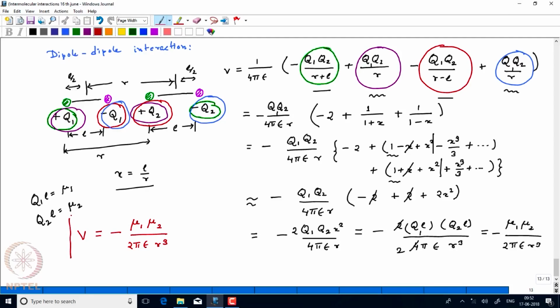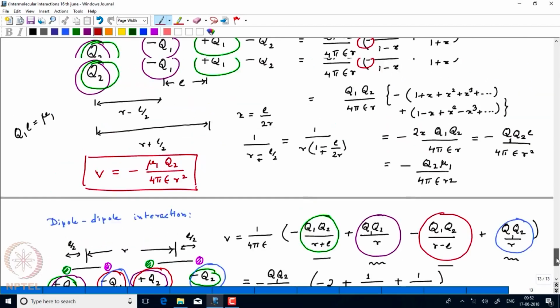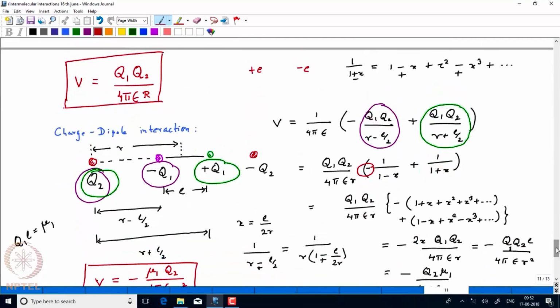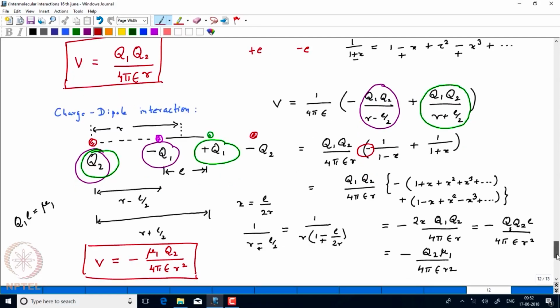And now you can review what we have just done. If it is between two charges, as you can see, with the distance between the two charges as r, it will be q1 q2 by 4 pi epsilon 0 epsilon r.